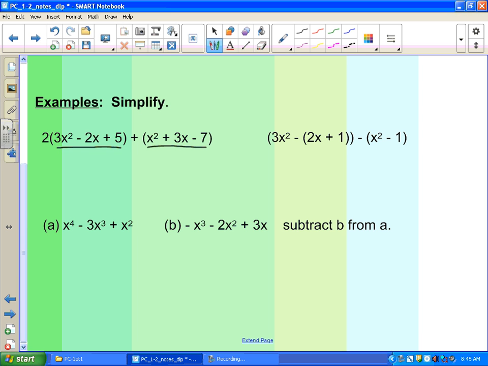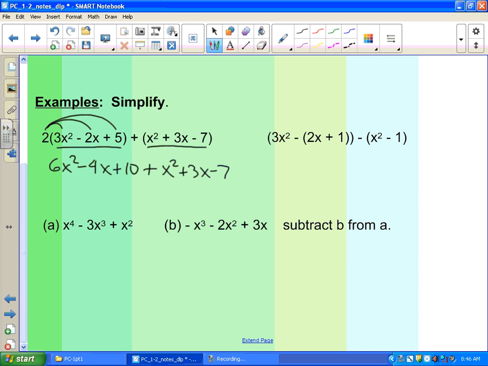So now I get to the multiplication division part, and I have the distributive property right here. So I have 6x squared minus 4x plus 10, and then plus this parenthesis that's around this trinomial is simply to distinguish it as being a trinomial, x squared plus 3x minus 7.